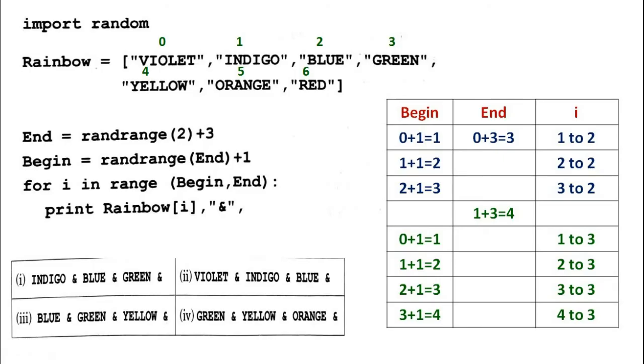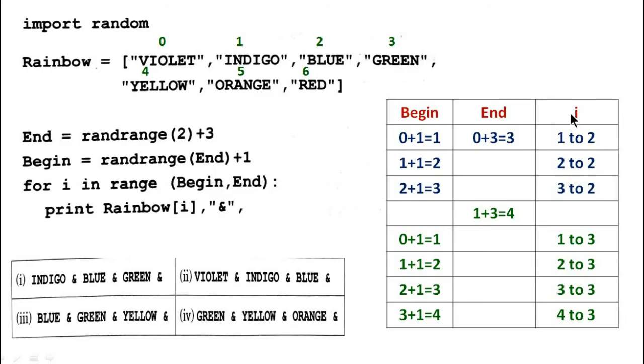This much okay? Then we will go for the for loop. For I in range begin to end. That is, the value of I ranges from begin to end minus 1. So we have to find out the values for I when end equal to 3 and when end equal to 4. First we will see when end equal to 3. Begin to end.